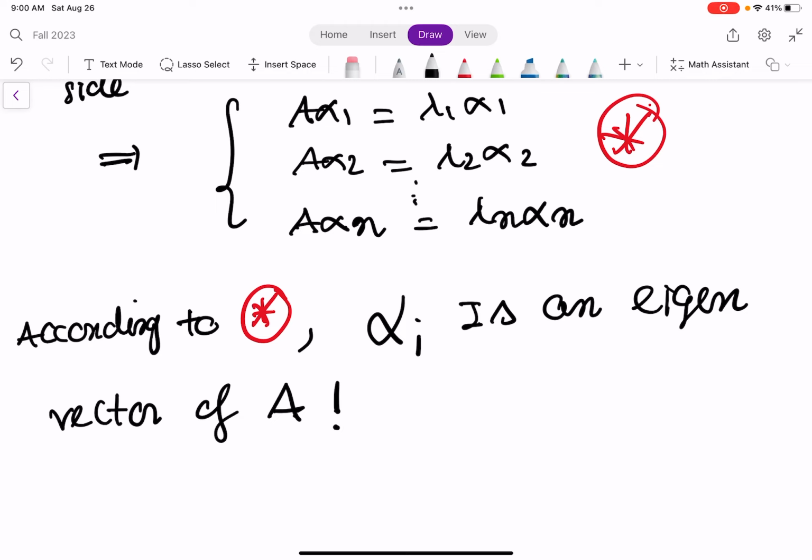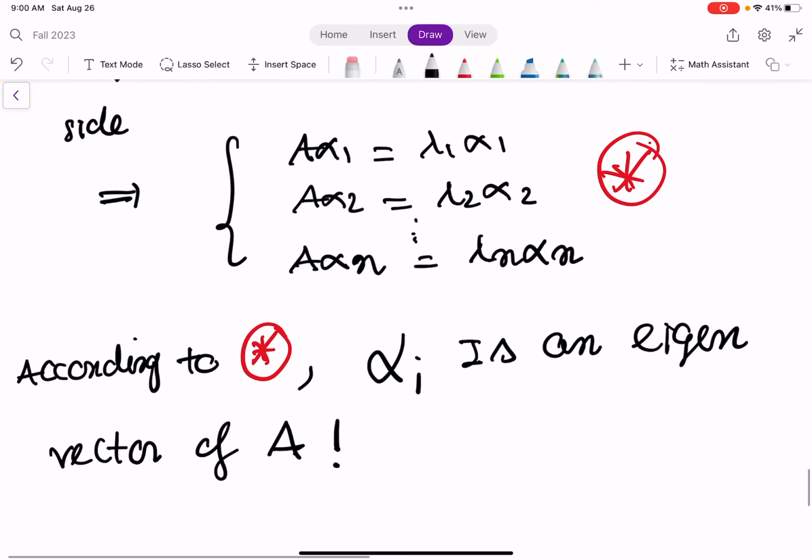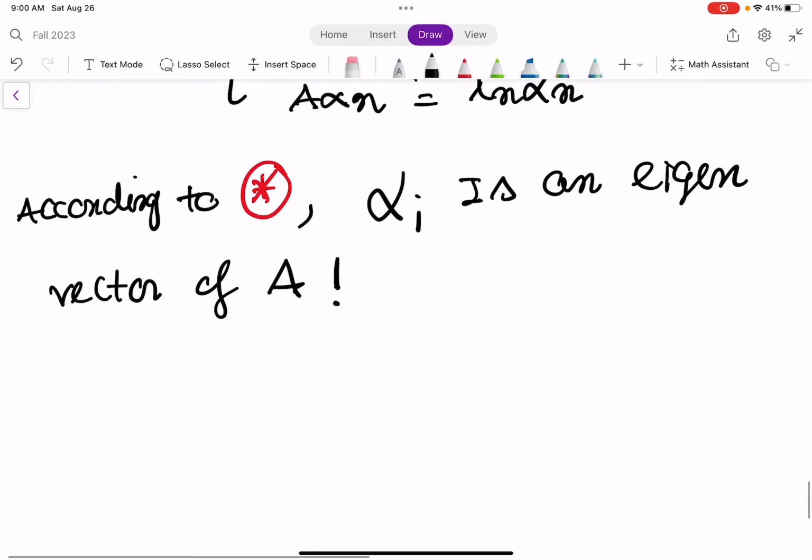If you can find a vector alpha such that applying matrix A gives you a scaled version of it, in this case lambda, then this is exactly an eigenvector. So alpha is the eigenvector. Let me put it this way.